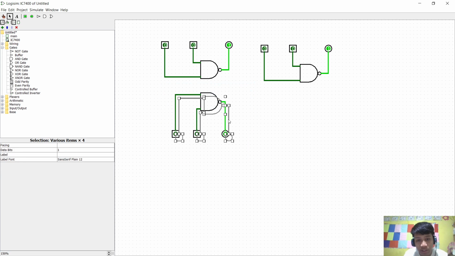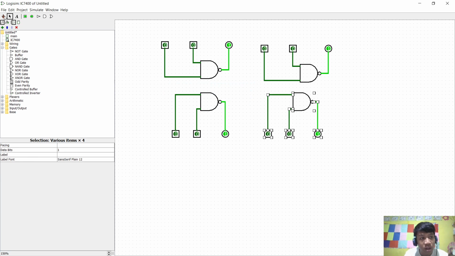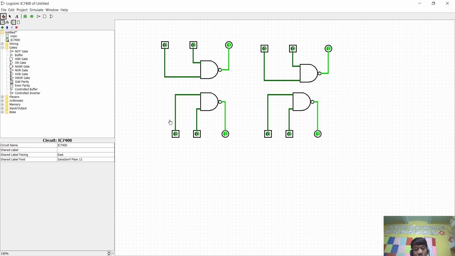We'll be replicating it and placing it here. Like in the previous video, we will be imitating the truth table by putting the inputs of the truth table here in the circuit.